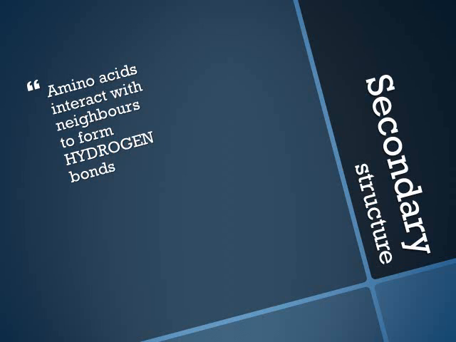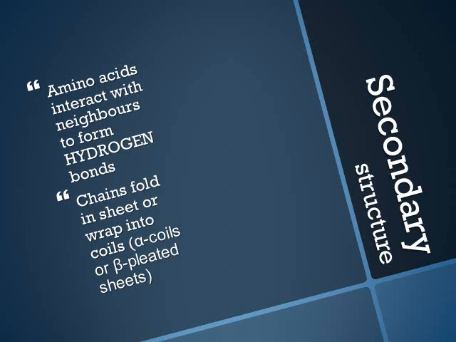So we have something that's set up perfectly for hydrogen bonding. So primary structure involves covalent bonds formed by condensation reactions. Secondary structure of protein is a function of physical bonding, hydrogen bonding, between those parts of the molecule.